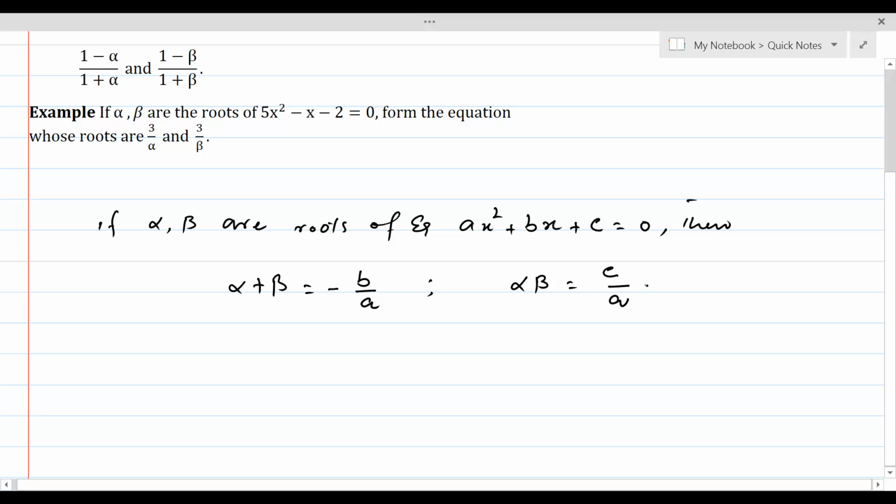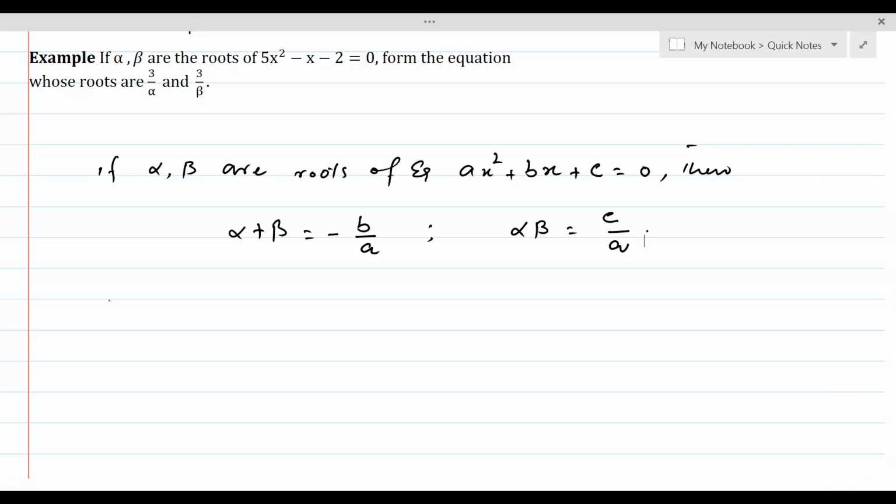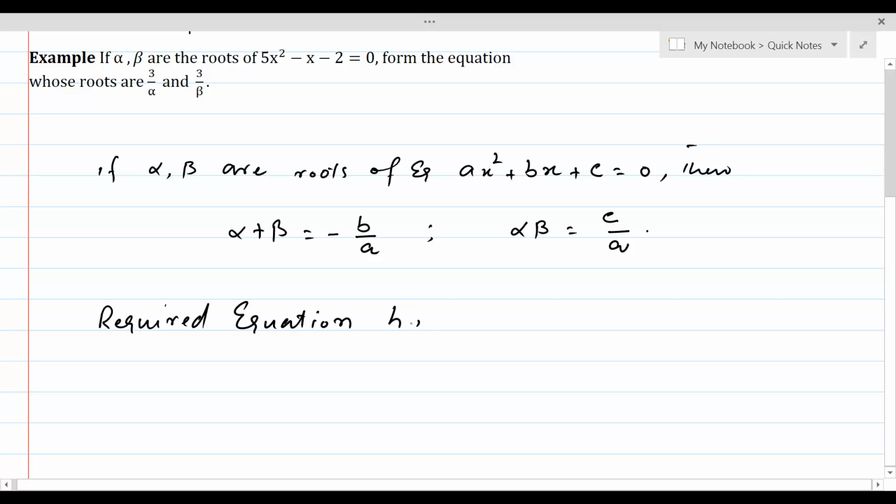Now the required equation has roots which are double than roots of this equation. Required equation has roots. If the roots of the required equation are double, then the roots must be 2 alpha and 2 beta, because alpha beta are roots of the given equation.